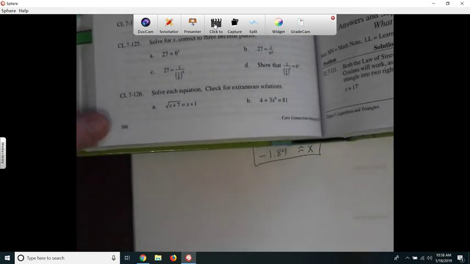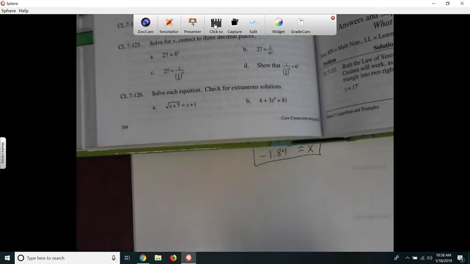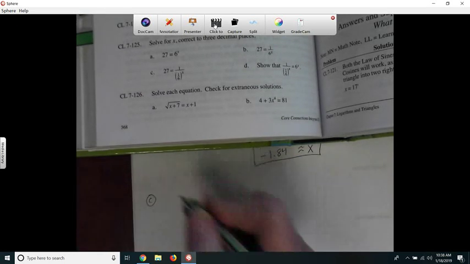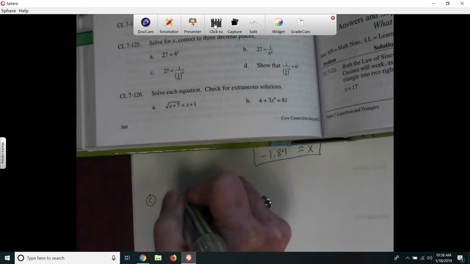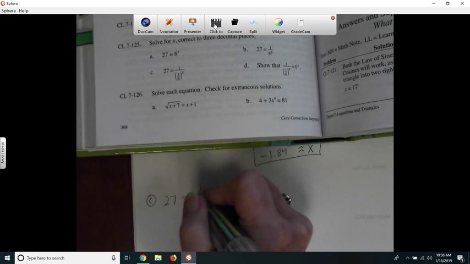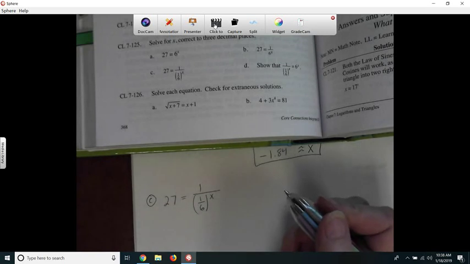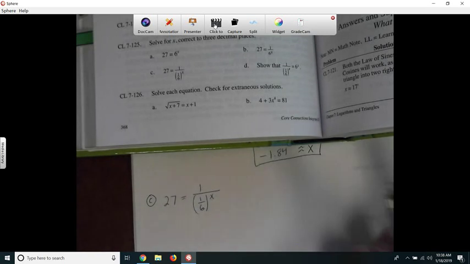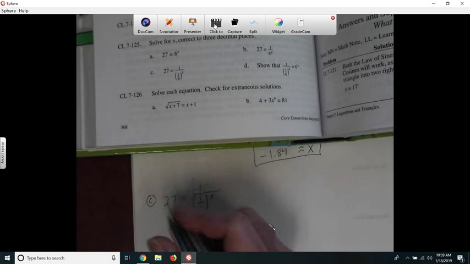So the next one is letter C. So letter C says 27, now I feel like I got their number, is equal to 1 over... Now, if I use some rules of exponents, I can rewrite this so that it looks a little more familiar.